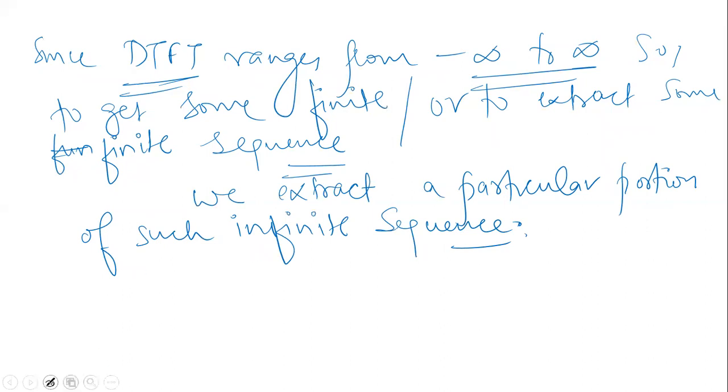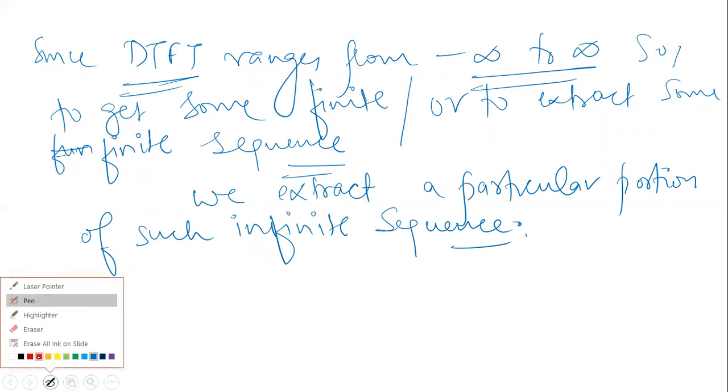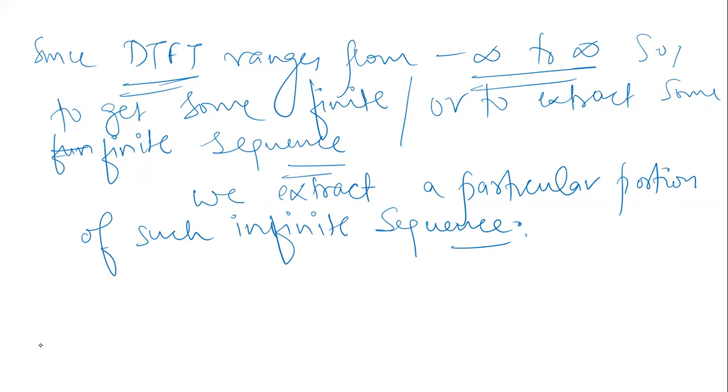We extract some finite, a little bit of that, and then we take the transform of that particular finite range of that infinite sequence. Fine.